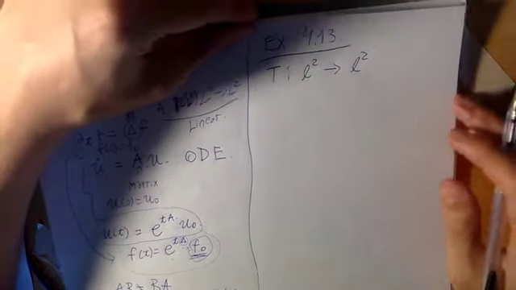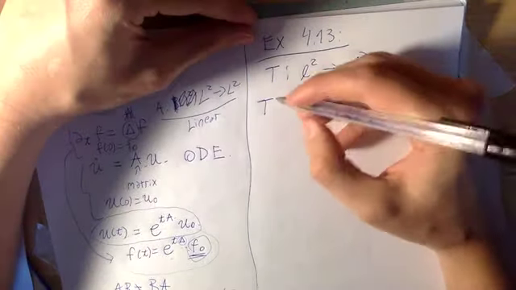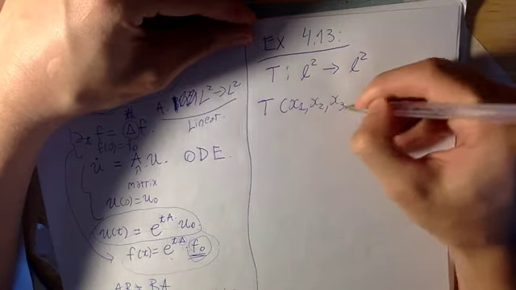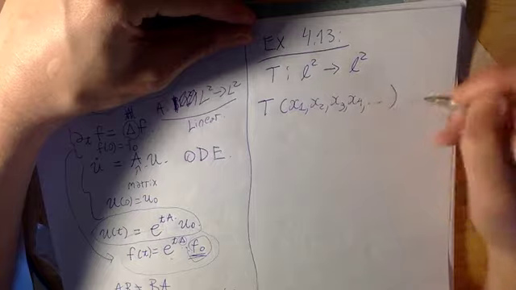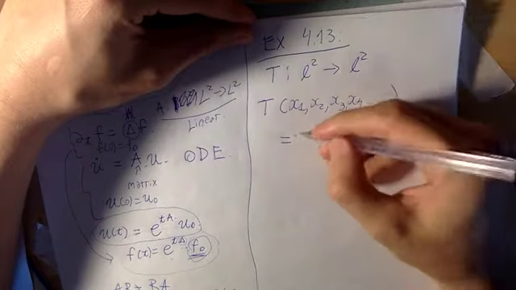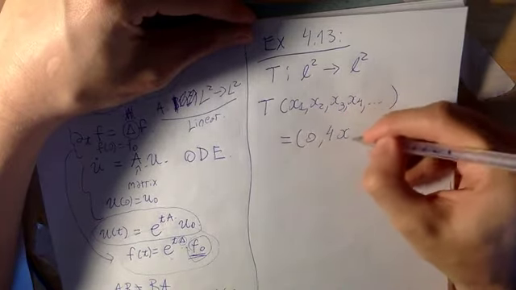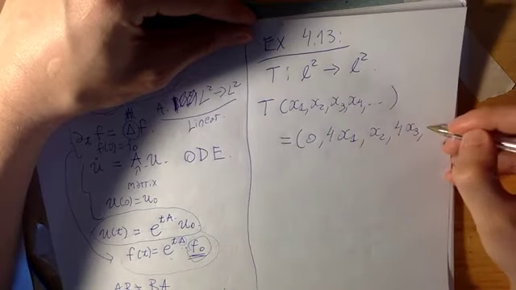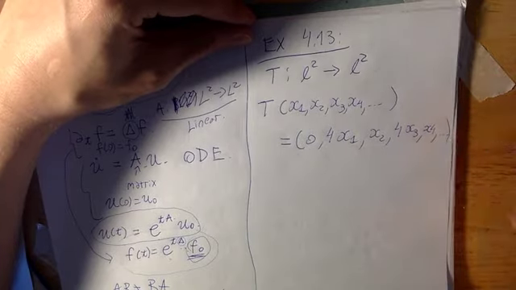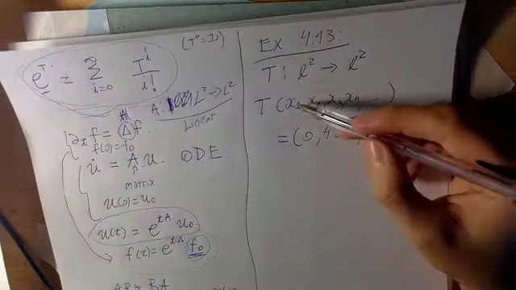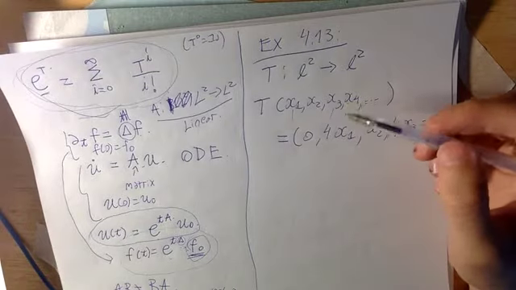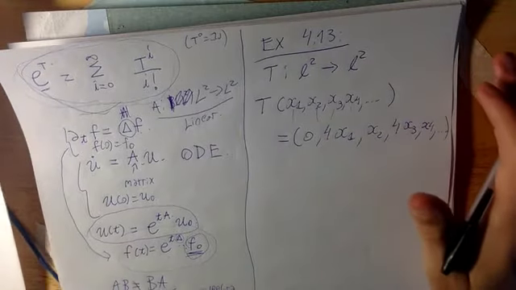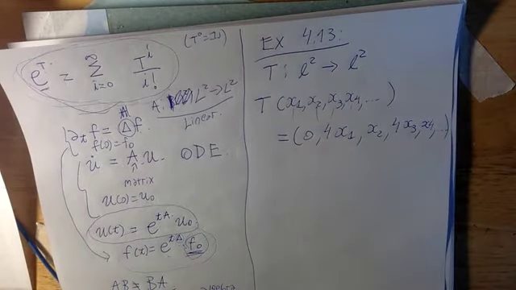I think we have seen this example before, such that T of x1, x2, x3, x4, and so on is mapped into 0, 4 of x1, x2, 4 of x3, x4, and then you follow the same pattern. So you multiply the odd numbers by 4, you leave the other ones the same, and you shift everything to the right.